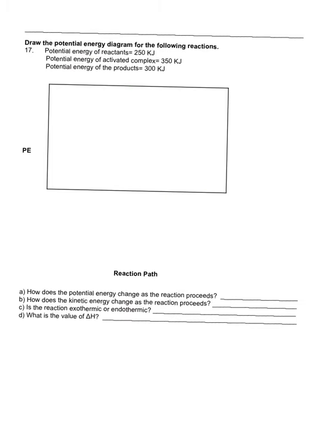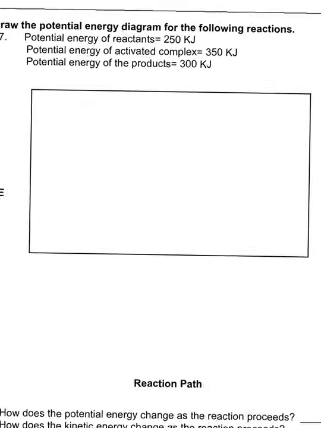So number 17, you actually have to draw your own potential energy diagram. And it gives you the potential energy of the reactants, the potential energy of the activated complex, and the potential energy of the products. Alrighty, so let me center this here. All right, so let's start drawing our axis.